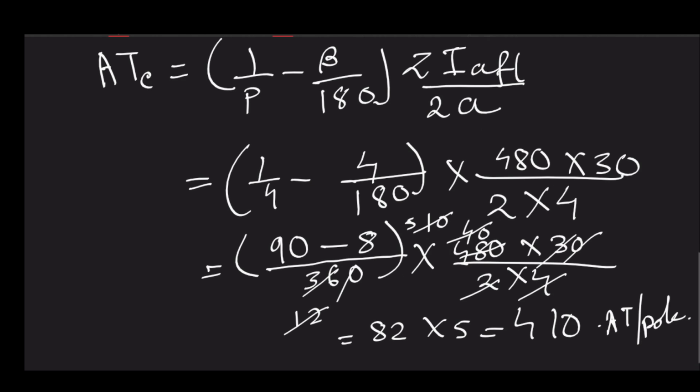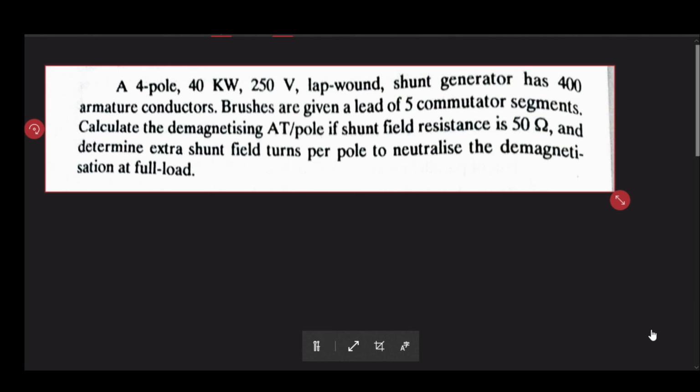What is the next problem? A 4 pole 40 kilowatt 250 volt lap shunt generator has 400 armature conductors. Brushes are given a lead of 5 commutator segments. Okay, calculate.